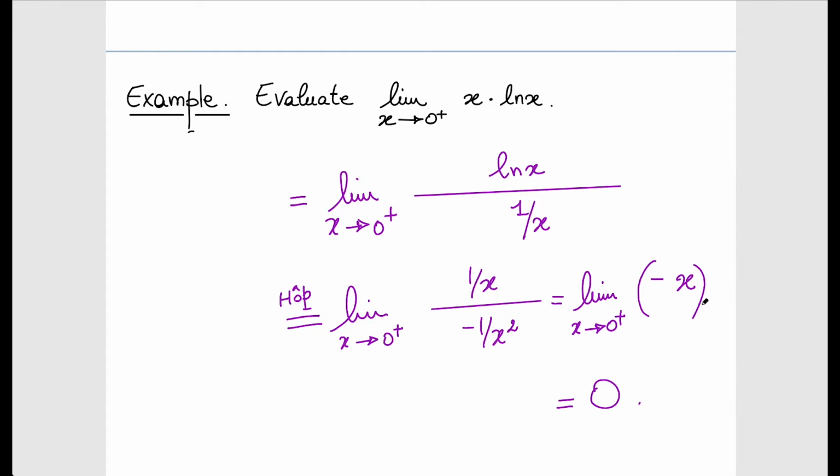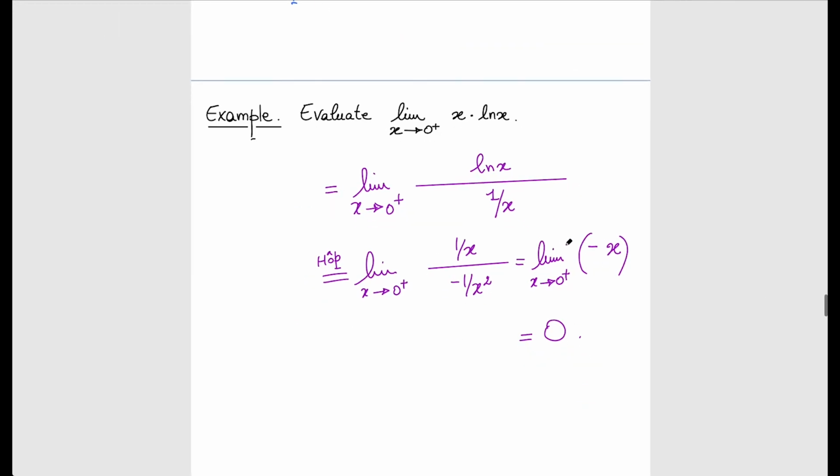So you get to see through this example, even though I had a 0 times infinity type of indeterminate form, I was able to convert the problem to a problem where L'Hopital can be employed, and it solves the problem for us.